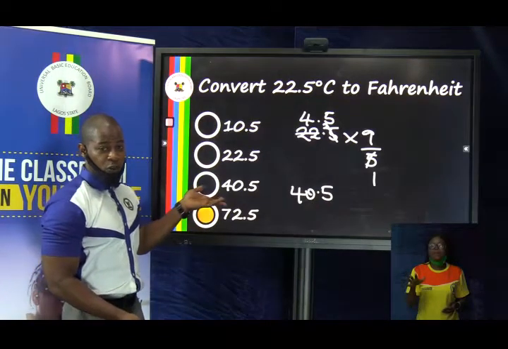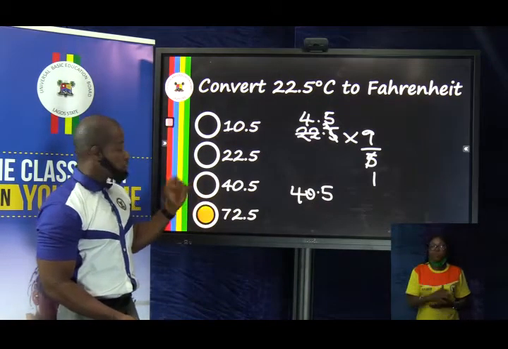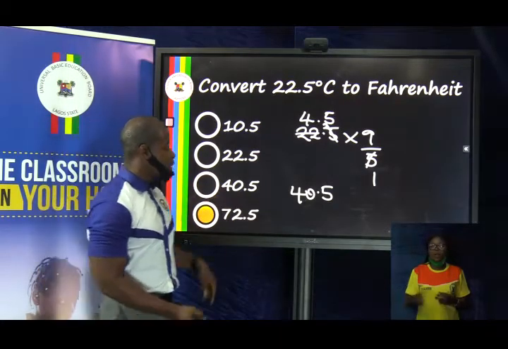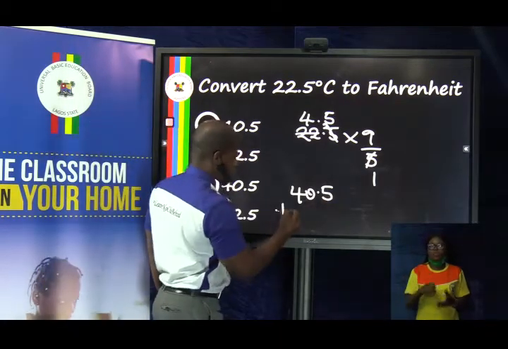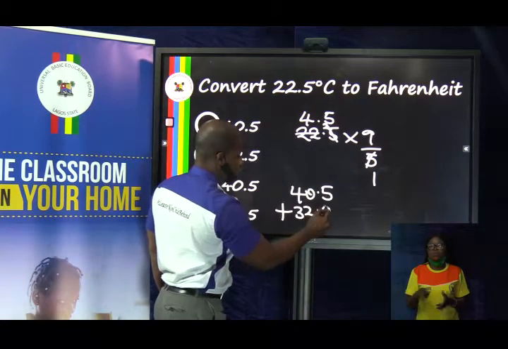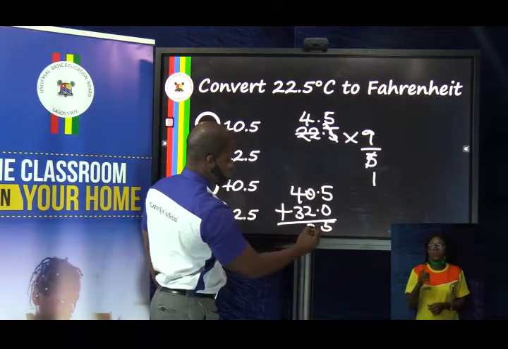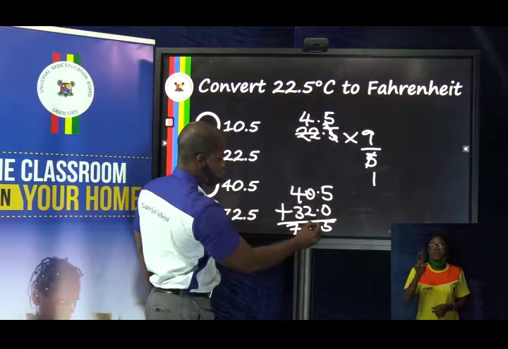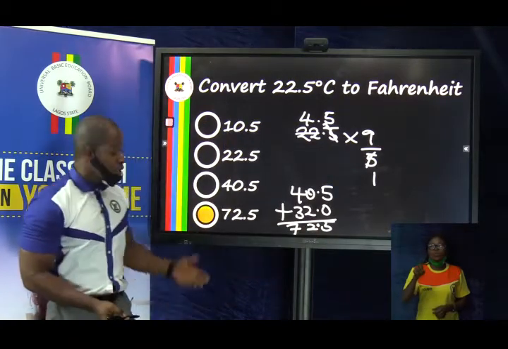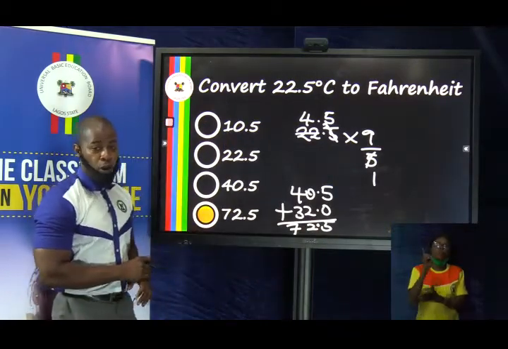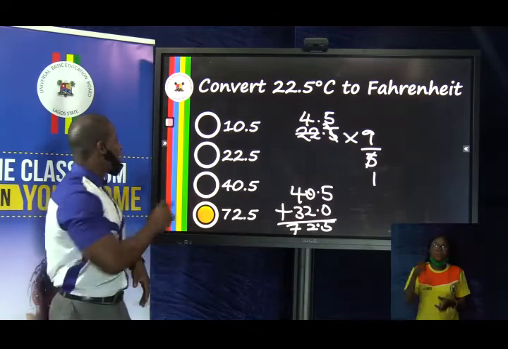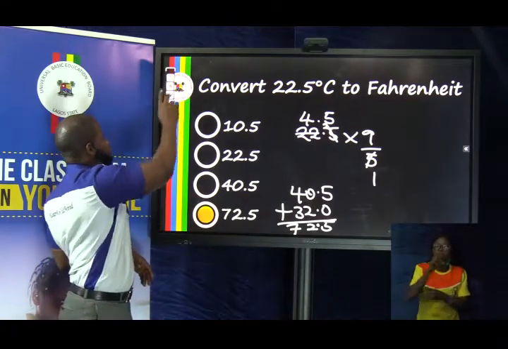If you selected 40.5, you will be incorrect because you will need to add 32 to it. So plus 32, you get 72.5. So my final answer, my friend, is 72.5. Let's see the next question.